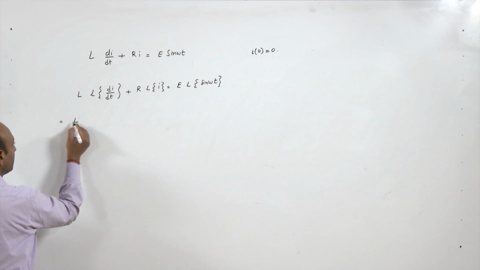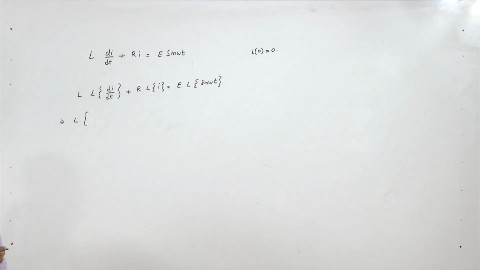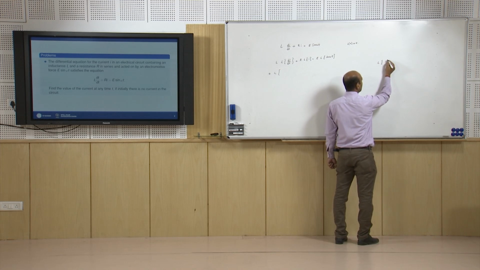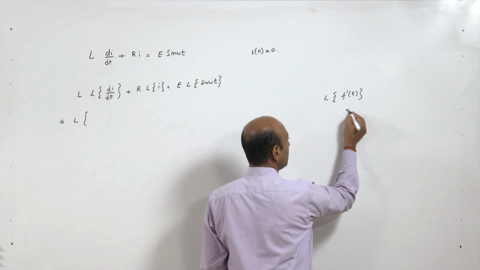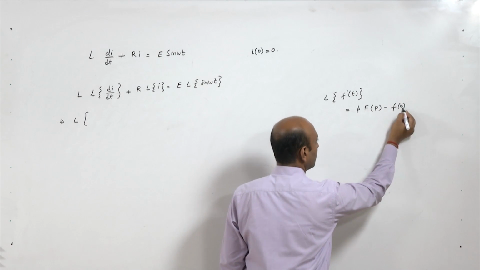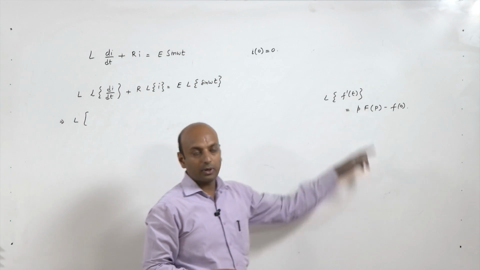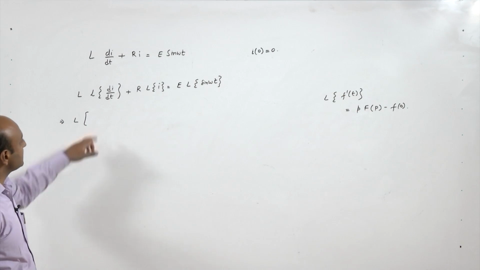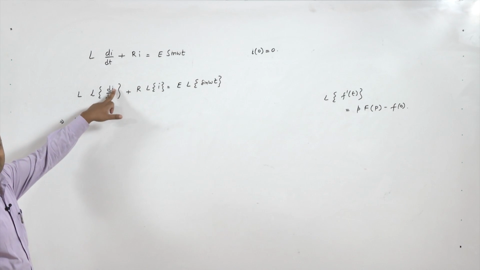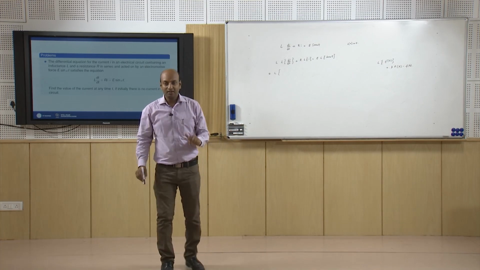Laplace transform of dI/dt: we already know that the Laplace transform of f dash t is p F(p) minus f(0), where F(p) is the Laplace transform of f(t). Here f(t) is I, so I dash is the derivative of I with respect to t.